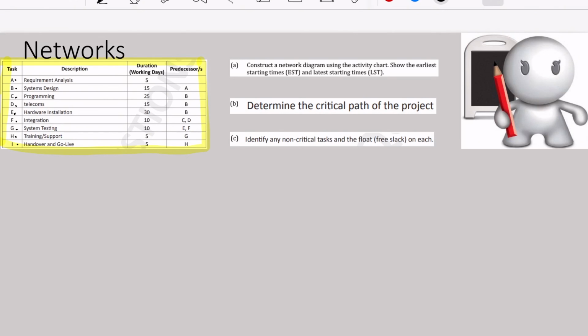And so we have a start vertex. Now, I'm going to be looking at this column over here. And what I notice is that activity A does not have a predecessor. So therefore, activity A is the start of my project.